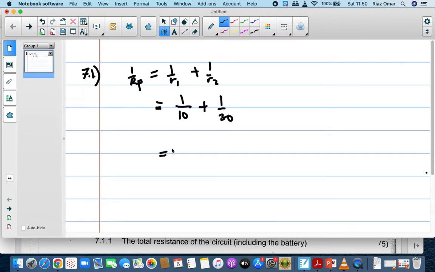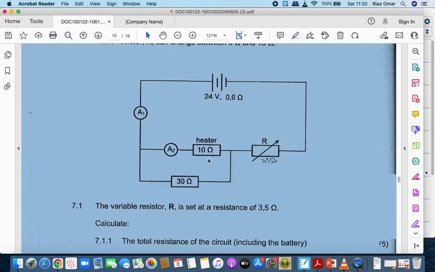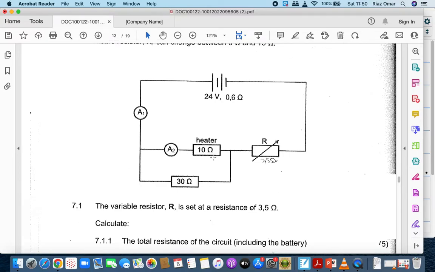If you work this out, you get your LCM as 30, giving you 3 plus 1, which is 4 over 30, but that's 1 over Rp. Don't forget, to find Rp, it will be 30 over 4, which gives you 7.5 ohms. So 7.5 ohms is the resistance of the parallel connection. If you have to write this down, this is 7.5 ohms.